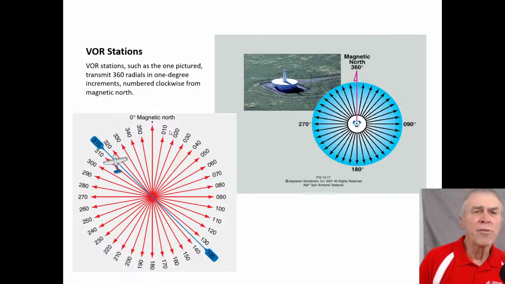Since there's 360 degrees in a circle, it broadcasts at all 360 points. So you can really get a precise reading of where you are in relation to the station. They are also numbered clockwise, so nothing too fancy there. Same direction as a standard clock.